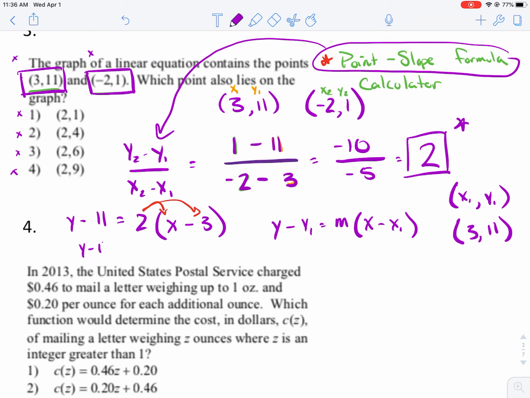Move this over. Give ourselves some space. Now I'm going to distribute that 2. So I'm going to get y minus 11 is equal to 2x minus 6. Add 11 to both sides. You're left with y is equal to 2x, and negative 6 plus 11 is a positive 5.